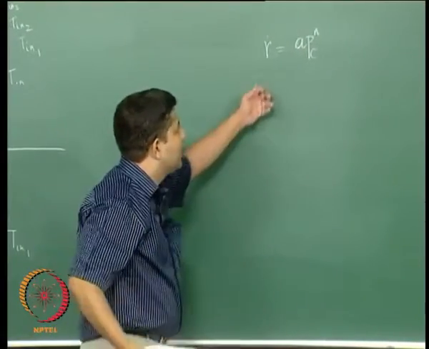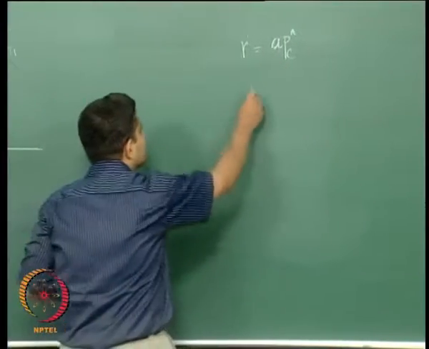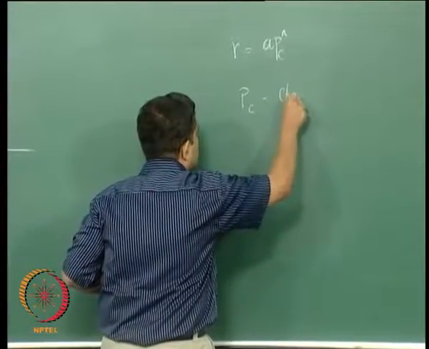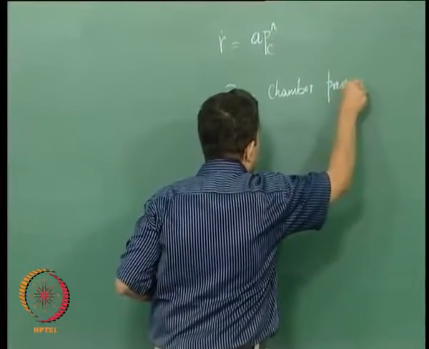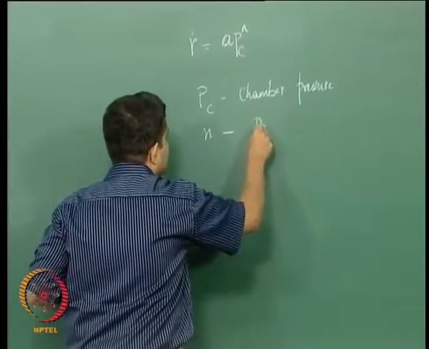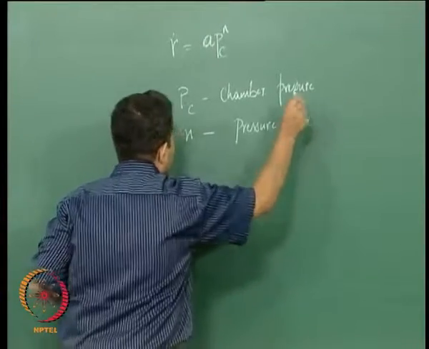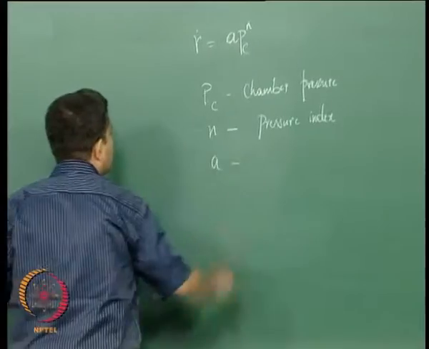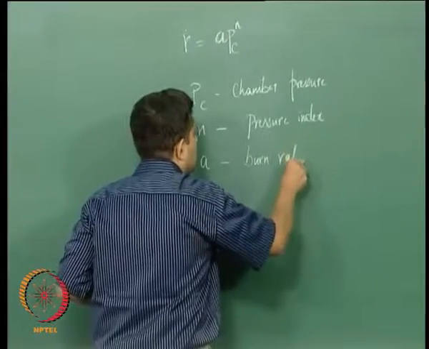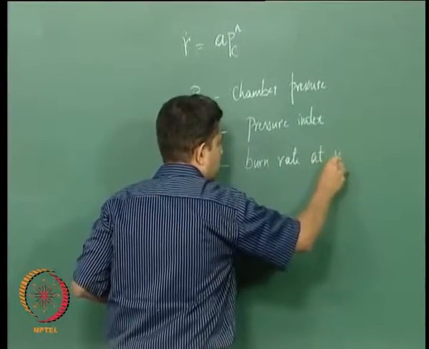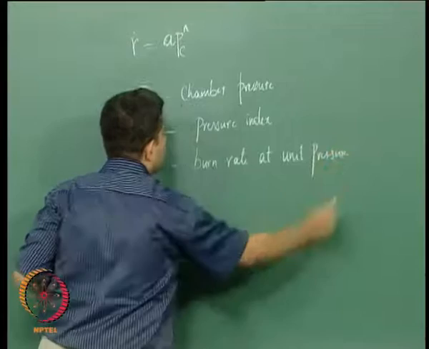r dot is given by a Pc to the power of n, where Pc is the chamber pressure, and n is the pressure index, and a is the burn rate at unit pressure.